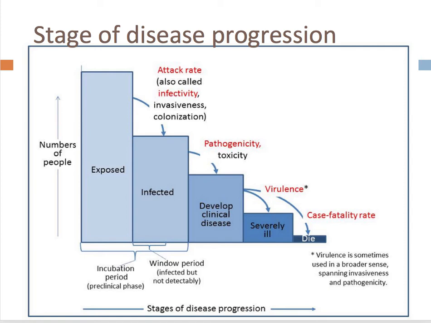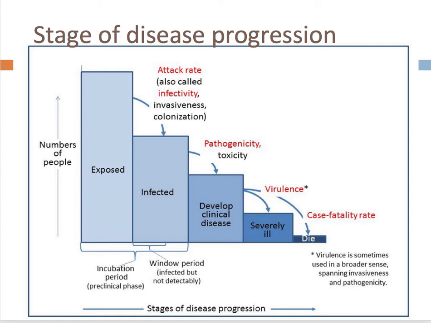So, as you have the disease, you travel through, and it may be its virulence is what happens once you have the outward signs. Is it severe enough to kill somebody, or do you have some form of recovery?